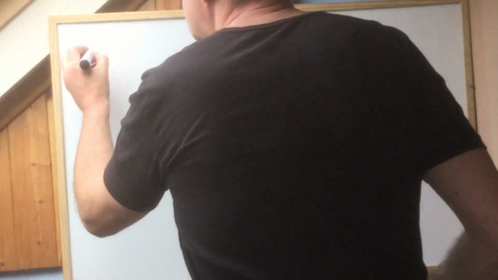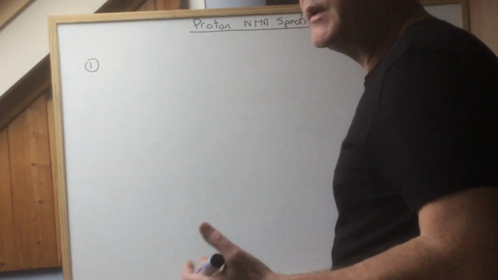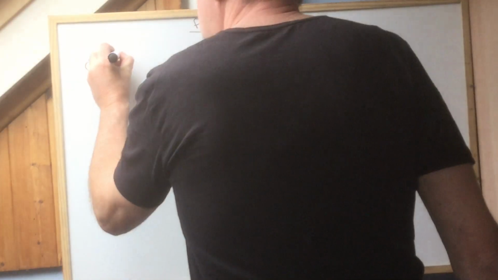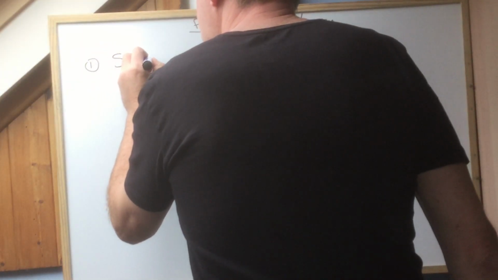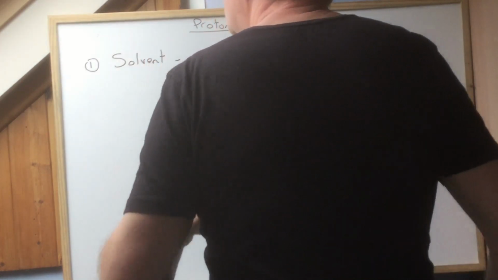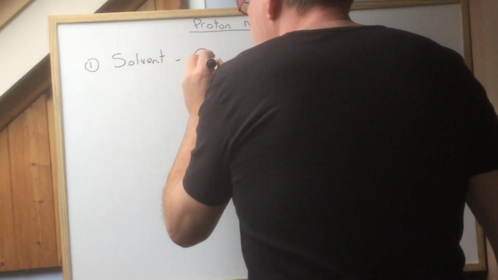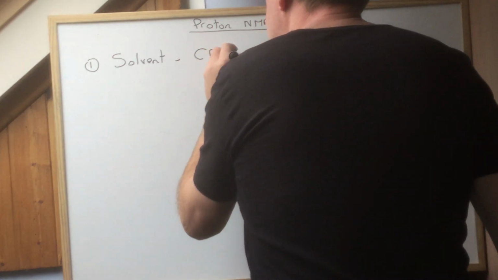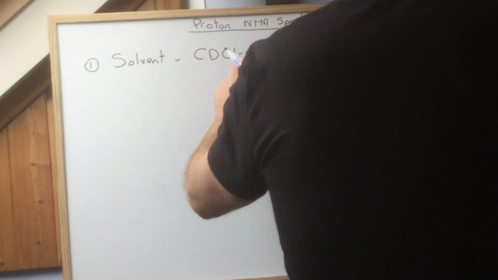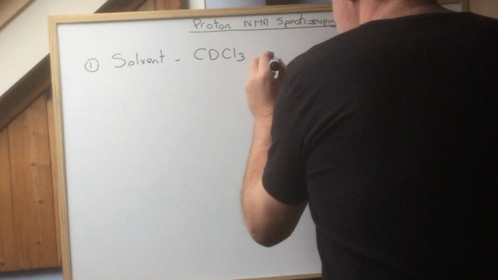Okay, now there's a few things I want to get out of the way first. Right, you take your sample that you're going to do an NMR on and you dissolve it in a solvent. Now this again should make sense to you because the solvent we've met before, CDCl3. I'll draw that out.